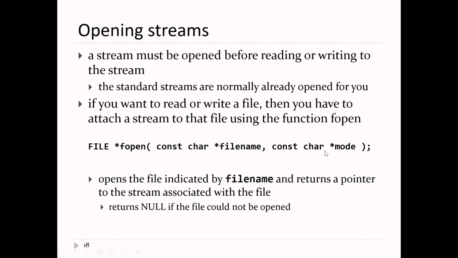Okay, so if fopen succeeds, you get a pointer to a file object, and now you can use that file object to read or write. If it fails, you get back null, which indicates that you can't read or write to this file. And there are lots of reasons why that can happen. You may not have permission to read or write to the file. The file may not exist. There might be something wrong with your disk.